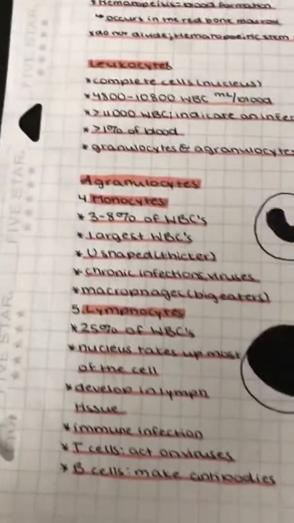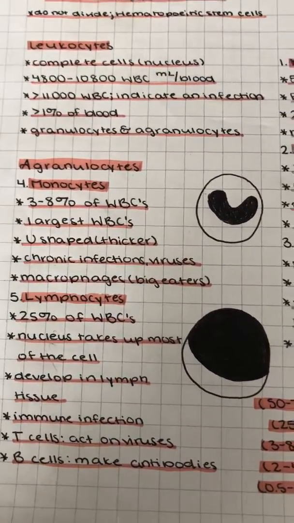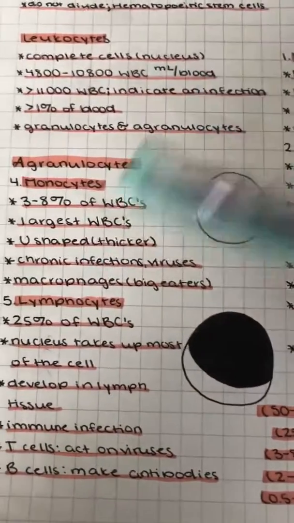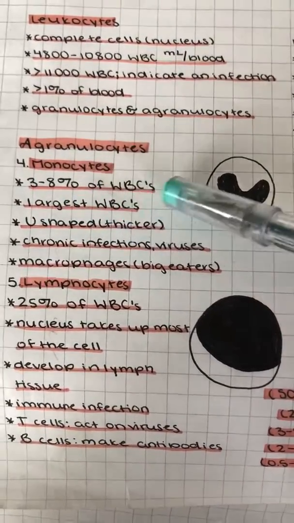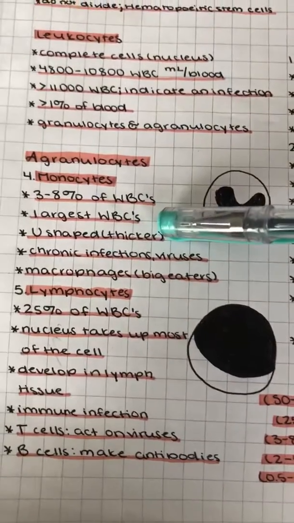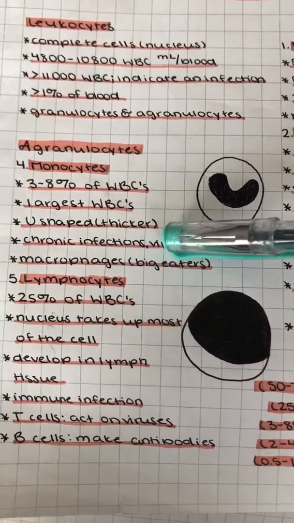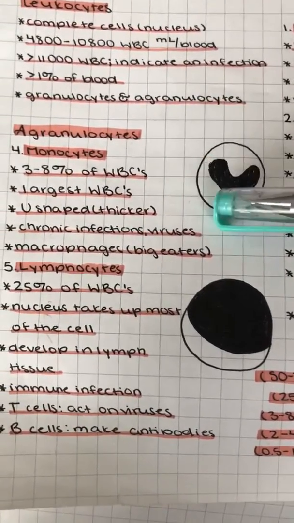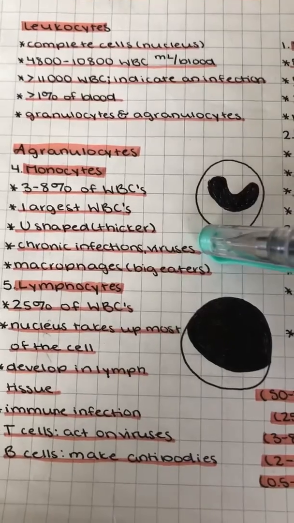All right, so then we have agranulocytes. Those are going to be those big eaters. The first one we have is monocytes. Monocytes represent 3 to 8% of all white blood cells. They're the largest white blood cell out of all of them. They are also U-shaped, but they're a thicker U-shape, as you can see. They're going to be the ones that help with chronic infections and viruses.